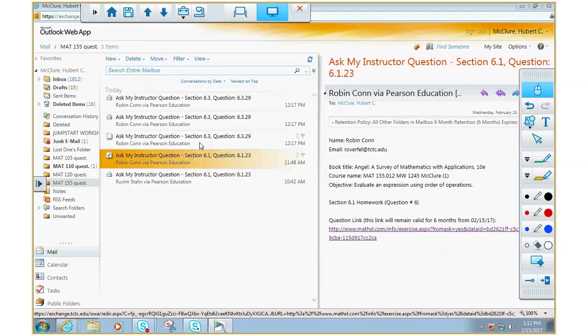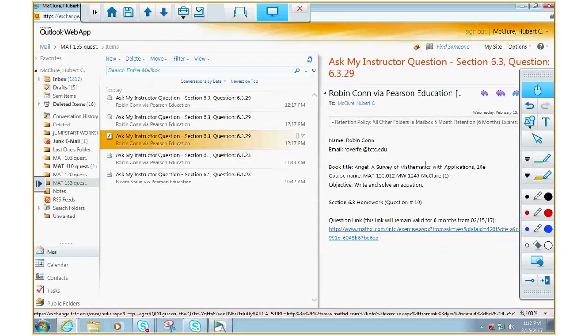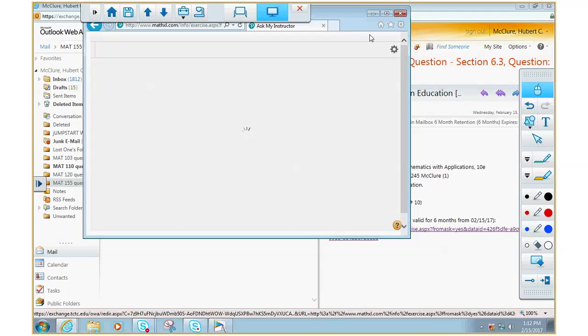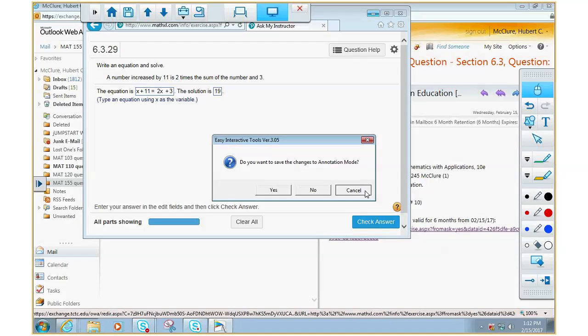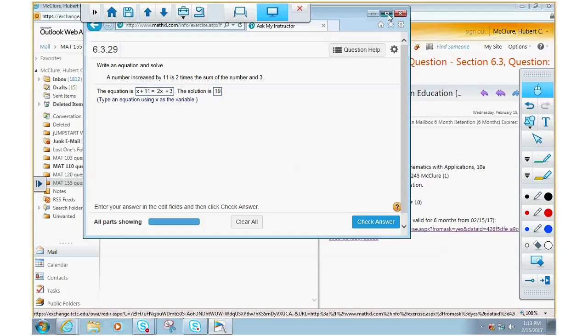All right, 6.3, number 29. Think you had a problem on number 29? Okay. Now, in the book, you'll see a page.